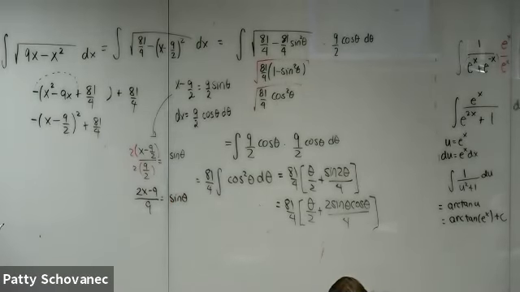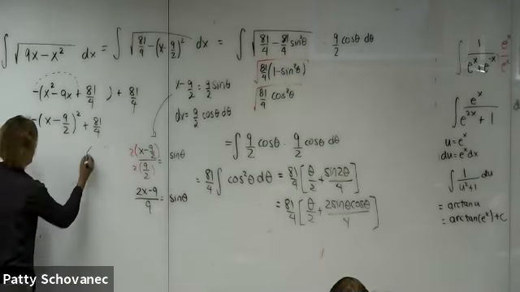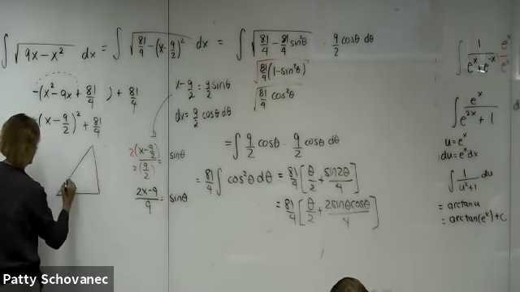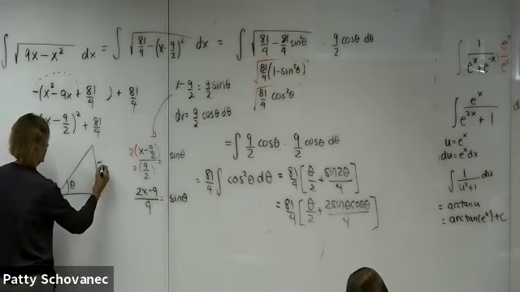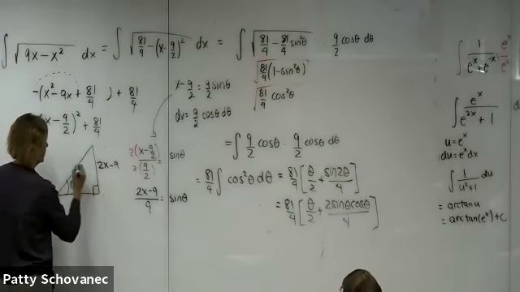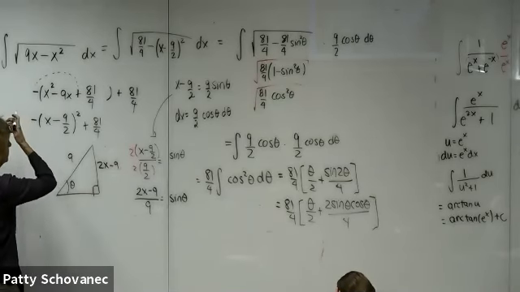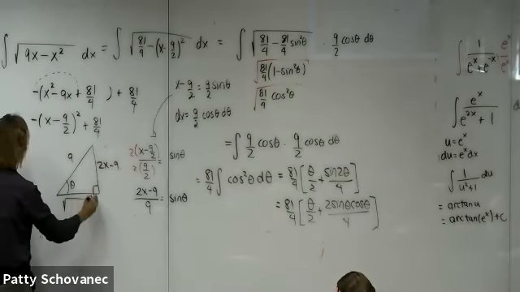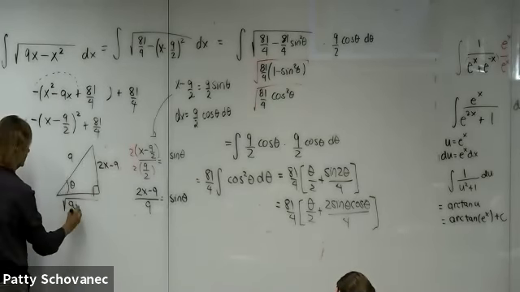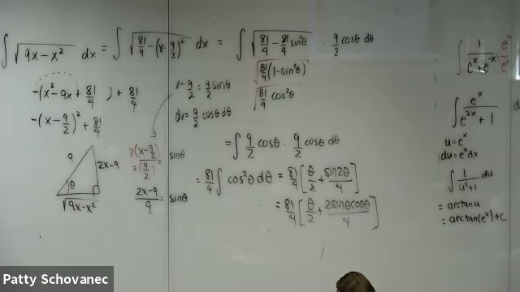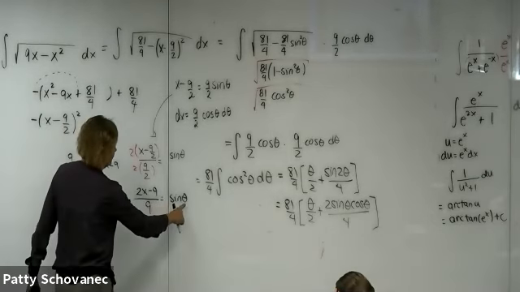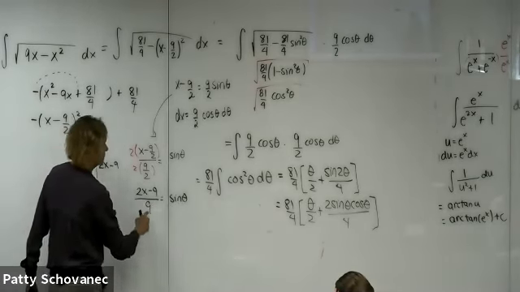And so that's the sine of theta. We'll draw the triangle to get the cosine of theta. Sine is opposite over hypotenuse, and then this should simplify to that thing. And then to get theta by itself, theta is the inverse sine of this.